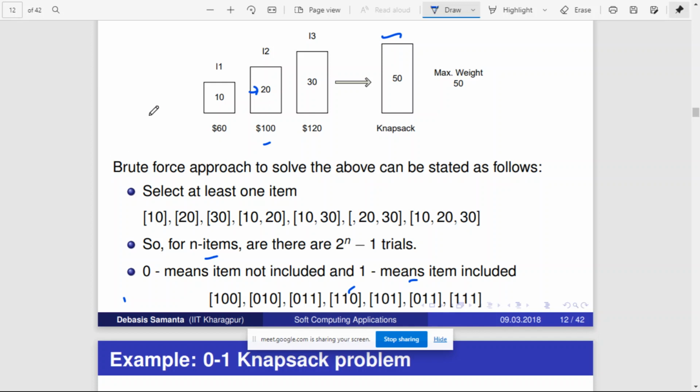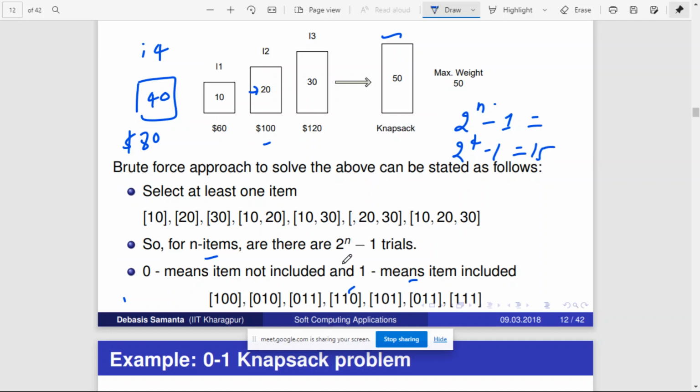So if another item is also available, say I4 of size 40 kg, and its cost is say $80, in that case you have 4 items. To represent these, totally we have 2 to the power n minus 1, where n is 4, so 2 to the power 4 minus 1, which is 15.